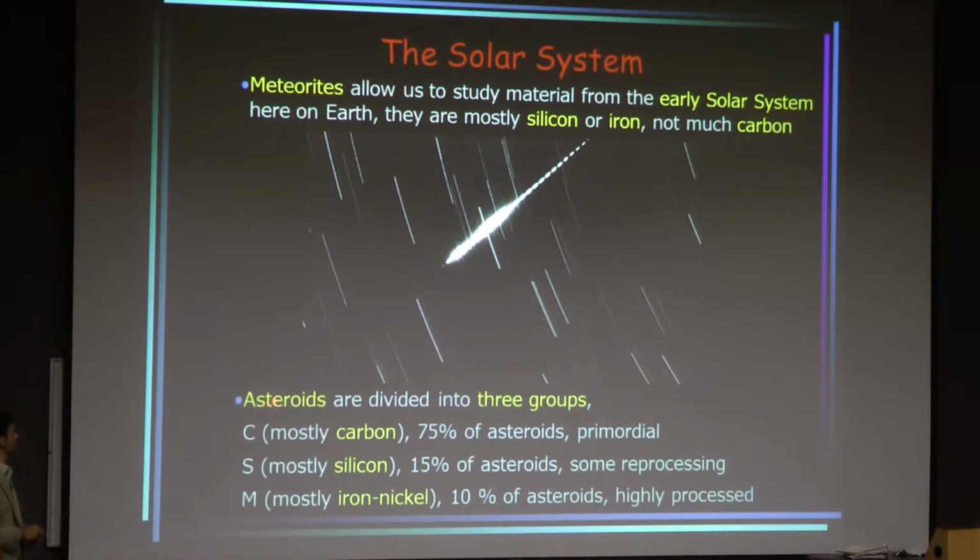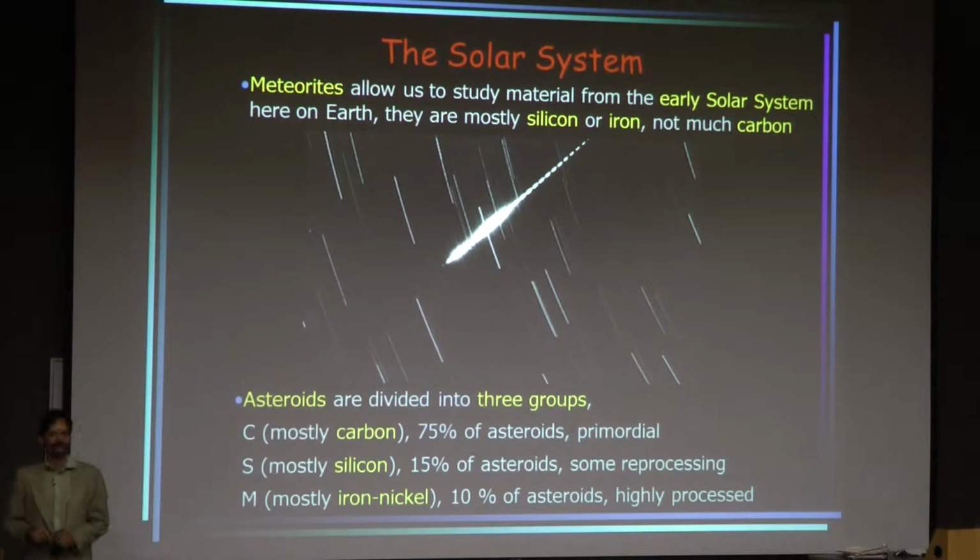Now, asteroids are large bodies that orbit around the sun. So meteorites and asteroids are actually two different things. There's a connection, but they're two different things. Asteroids are these big bodies that can be up to 1,000 kilometers across that orbit mainly in the asteroid belt between Mars and Jupiter. So most asteroids are between Mars and Jupiter right now as we speak.